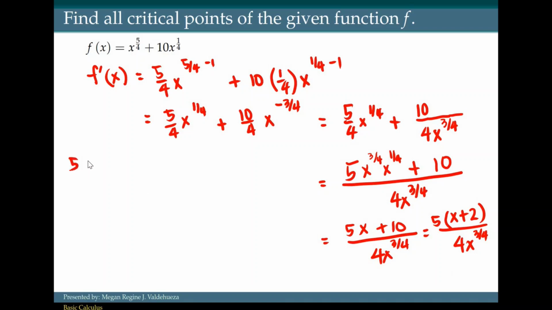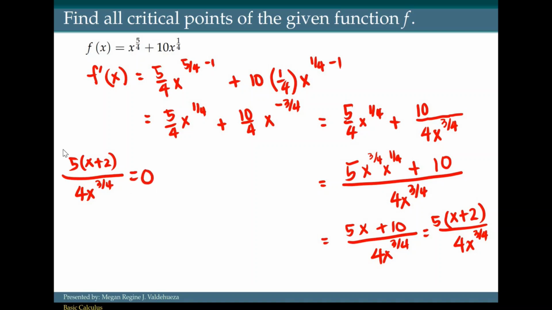So we have 5 times x plus 2 divided by 4x to the power of 3 over 4. By the way, you can equate either of these expressions to 0. This will give you the same result, actually.